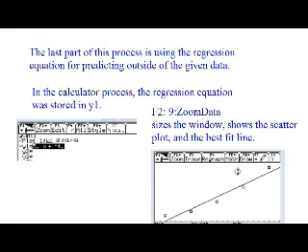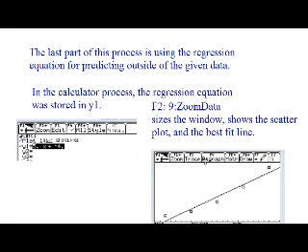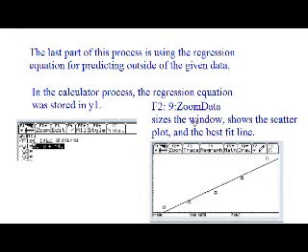And if we go to a zoom data window, then we get the window sized appropriately, and we now have our scatter plot along with the best fit line. And just observe that the best fit line goes through the data. It actually doesn't hit any of the points, but that gives us about that 95% accuracy of fit that we found through our process.